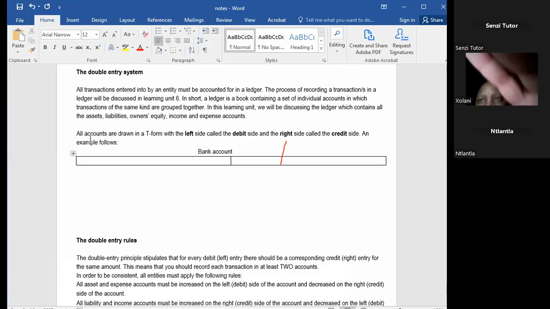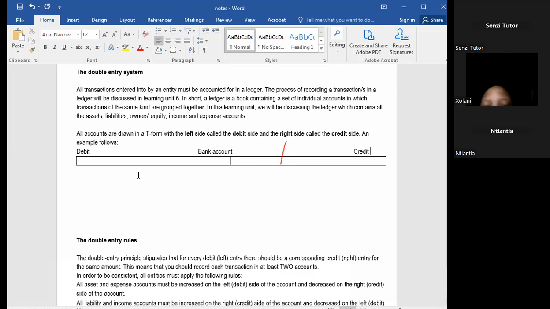According to our information, on our left-hand side we call it the debit side, and on our right-hand side, the credit side. This is a bank account that must be drawn.